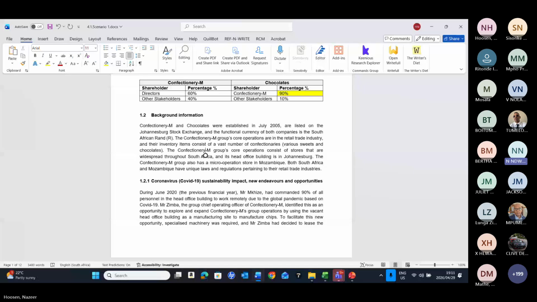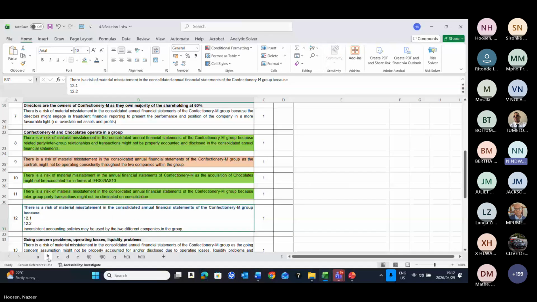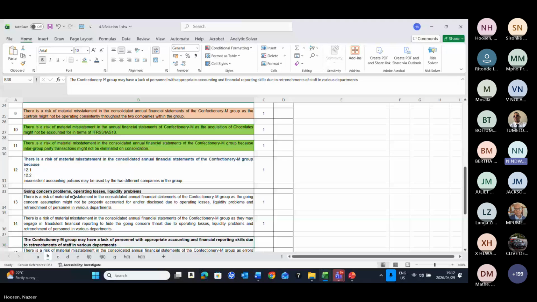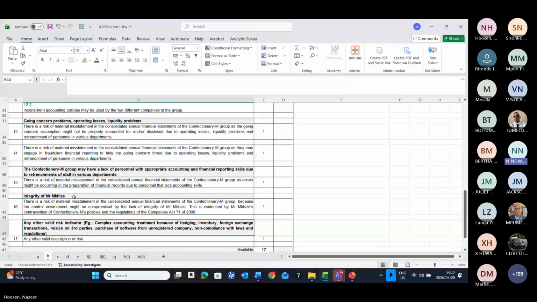So it's the Companies Act, King 5, the SAICA Code of Professional Conduct, and where auditors are involved, the APA Act. So it's all the various statutory requirements, and particularly where Section 260 is also applicable where there's non-compliance.